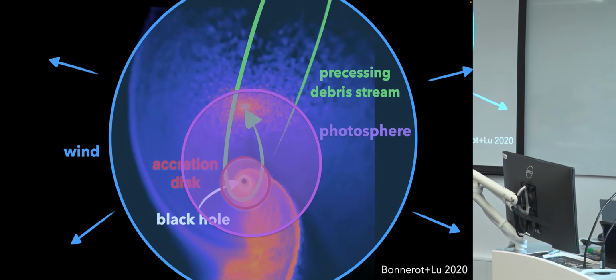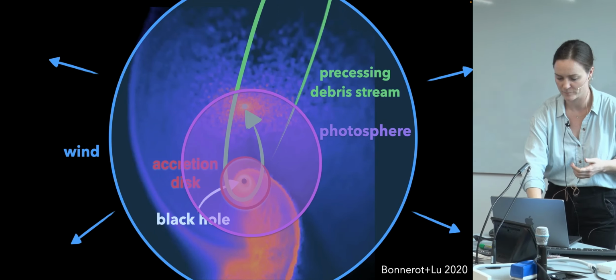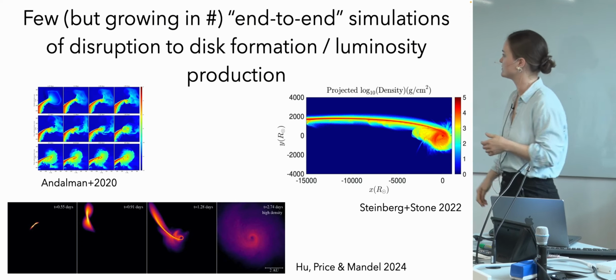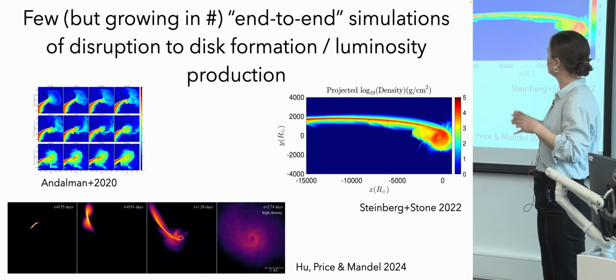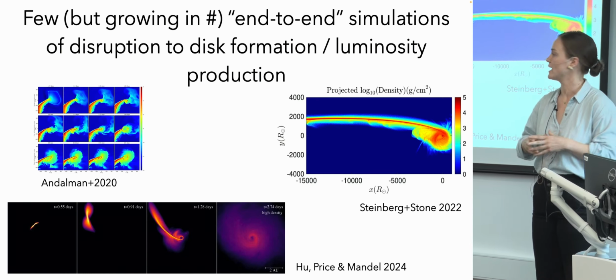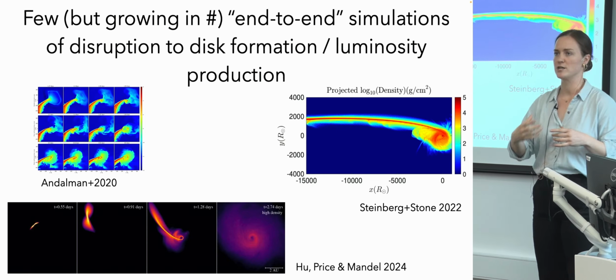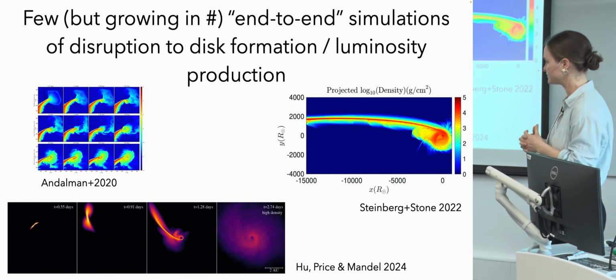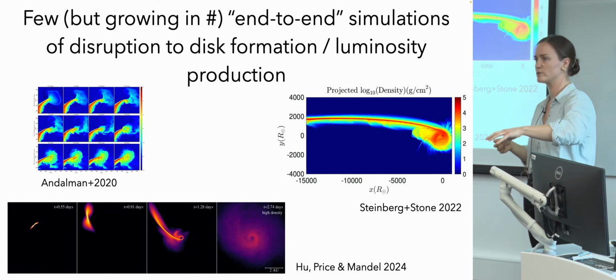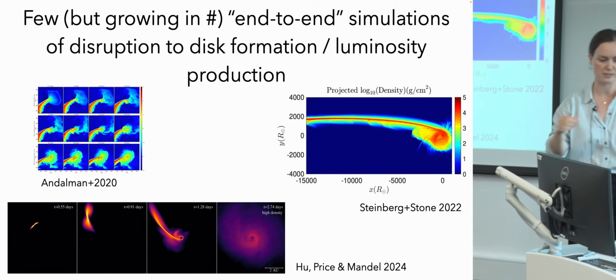You want to know if you're actually looking at the emission that was coming from a disk originally. And so one thing that people have started doing to better understand this is to do these end-to-end simulations where you actually start at disruption and go all the way to the formation of an accretion disk and the eventual observed luminosity. And so the stuff I was showing before was either just showing the disruption or just showing after stream collisions.